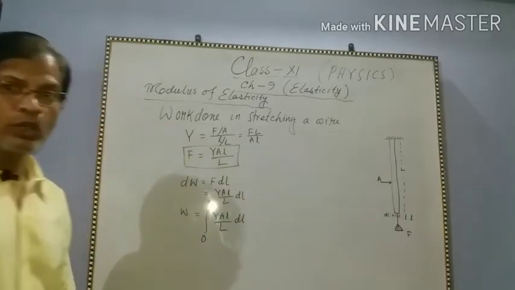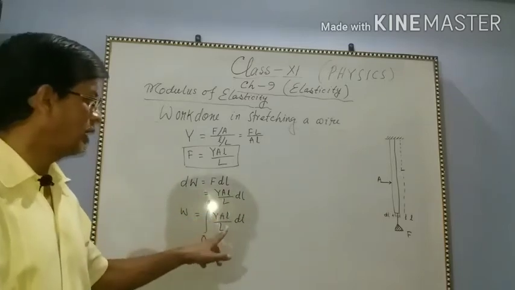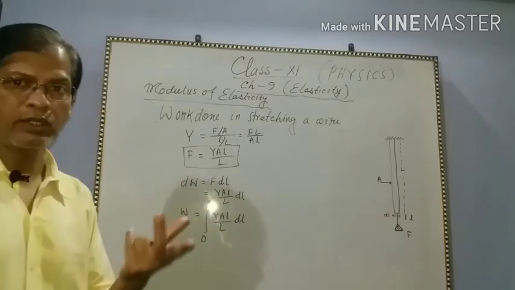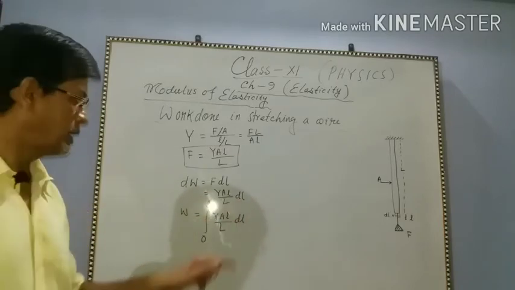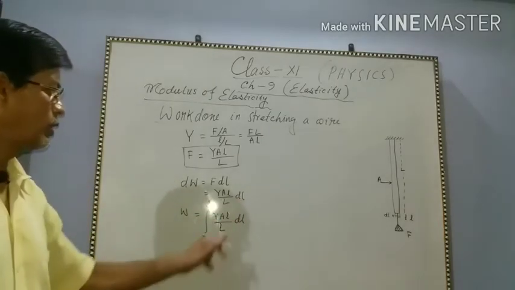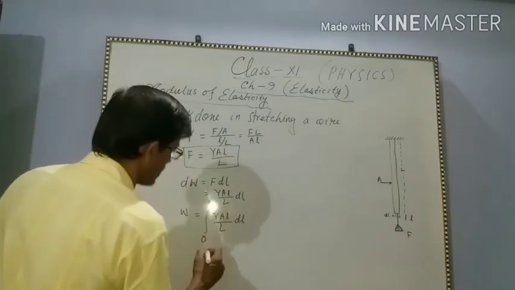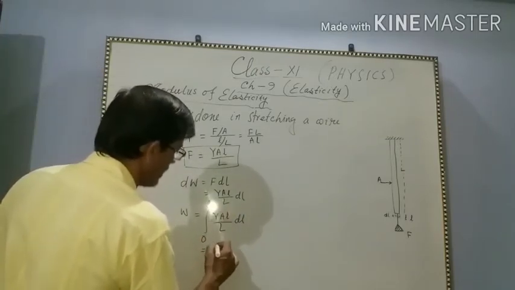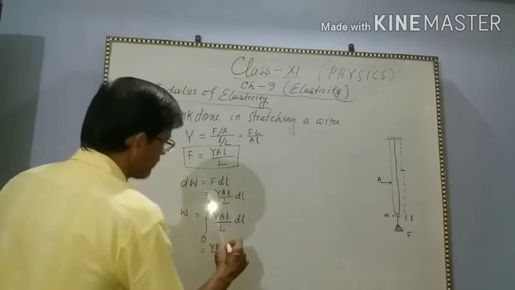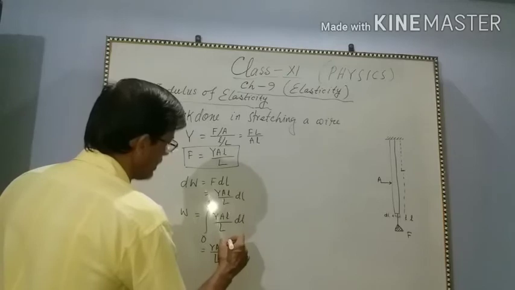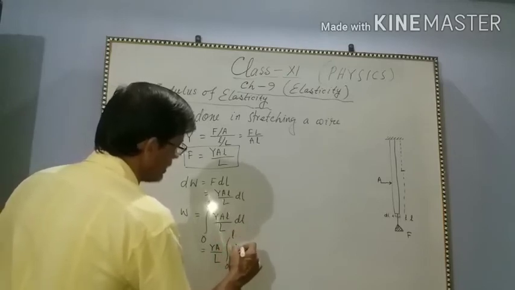Here l is changing; capital L is the initial length, a constant. Y, the Young modulus, is a material constant, and A, the area of cross section, is constant. Only l is changing. So Y A by L is constant and comes out of the integral, leaving the integration from 0 to l of l dl.